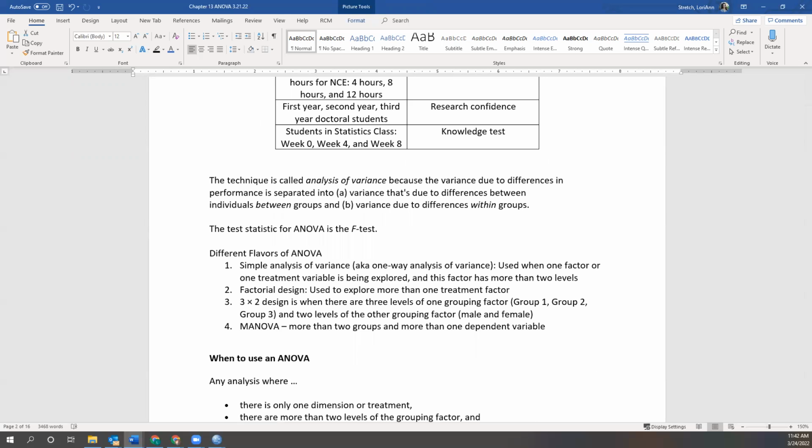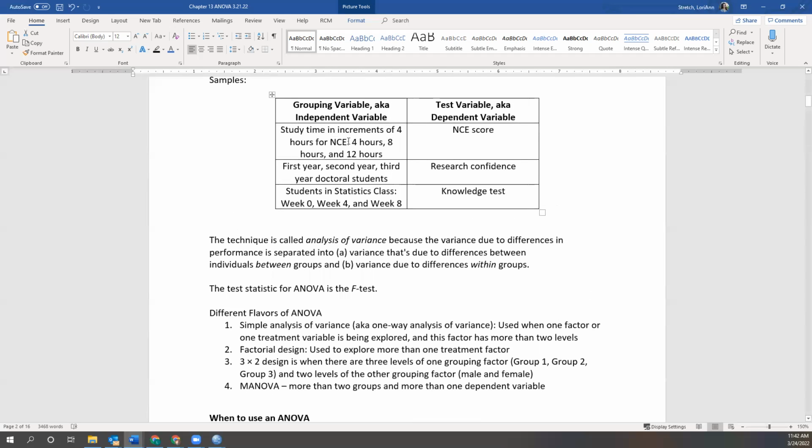The cool thing about ANOVAs is that they let us look at between group and within group differences. So if I'm looking at, say, a repeated measures and I have three groups, like these NCE study times here for 4, 8, and 12 hours, I could do a pretest, right? Where I give everybody a pretest of NCE information.